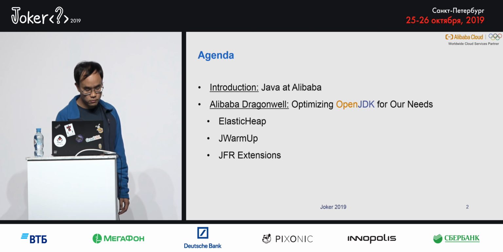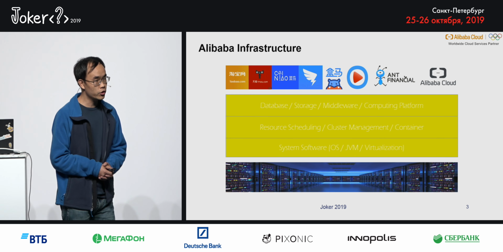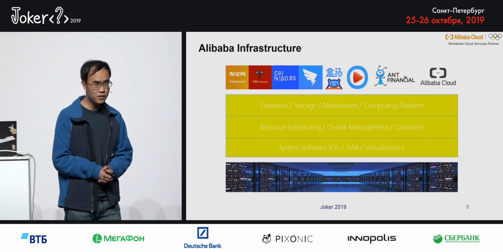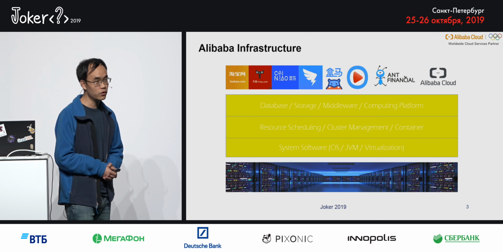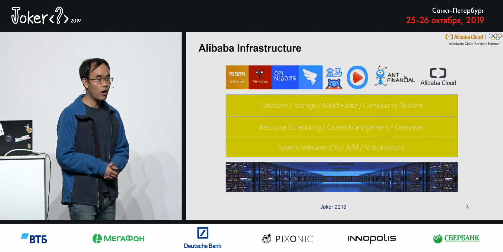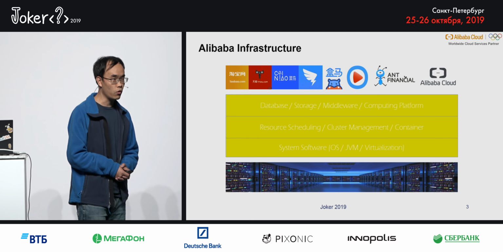Okay, let's get started. This is a picture of the Alibaba infrastructure. You can look at this picture from the bottom up. Alibaba already has our own data centers across the world.